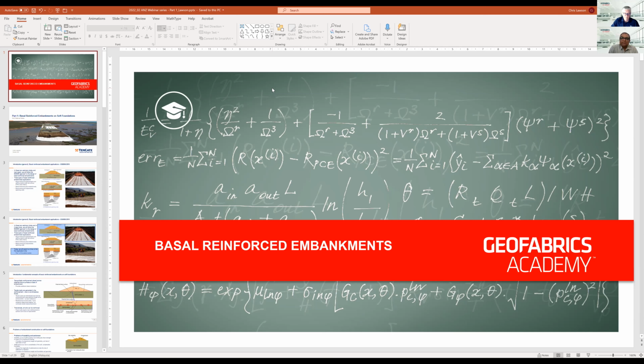Yeah, some cases, let me just say some cases. You see some basal reinforced embankments on soft foundations that don't have PVDs, but what they do have is the basal reinforcement placed on the soft foundation, and then they place a granular material on top of the basal reinforcement to help drain excess pore pressure out of the soft foundation.